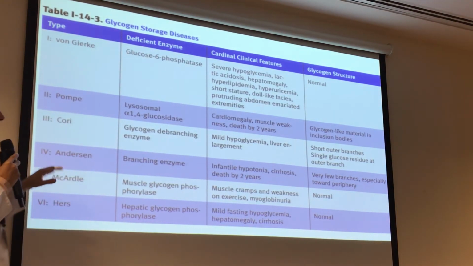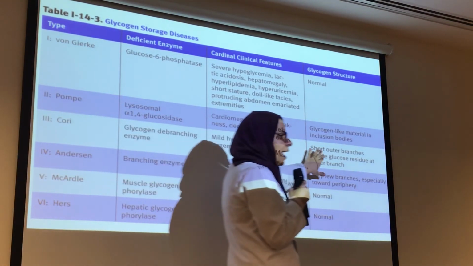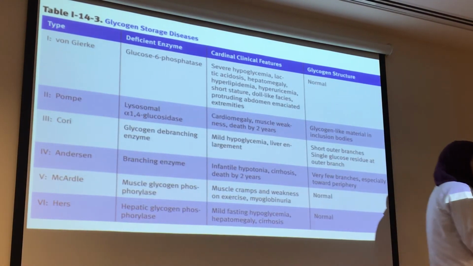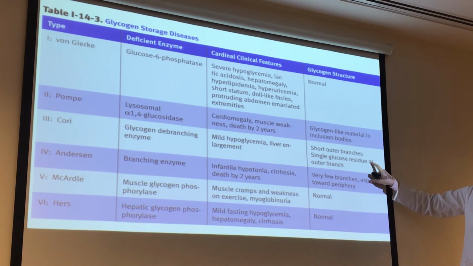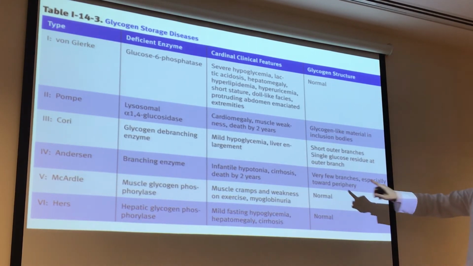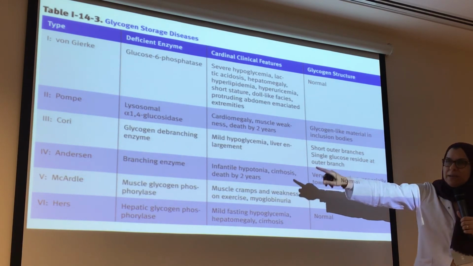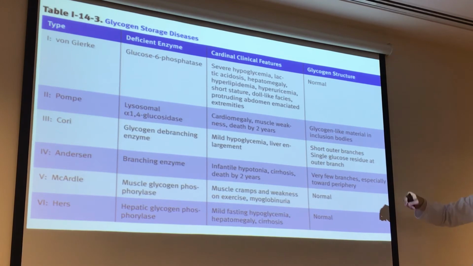In these two diseases, what you will see is abnormal glycogen structure, because the branching enzyme adds the branches and the debranching enzyme removes the branches. If you have a deficiency in the branching enzyme, you will see very few branches because you can't add the branches.